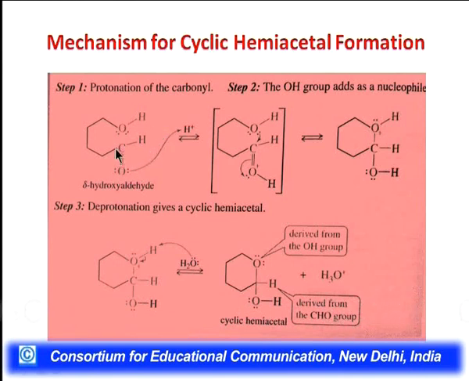When the protonation of the carbonyl oxygen takes place, the pi electrons move towards the oxygen, neutralizing the positive charge on it, and the lone pair of electrons on the oxygen present on the fifth carbon, 1, 2, 3, 4, fifth carbon, acts as a nucleophile and attacks the carbon.